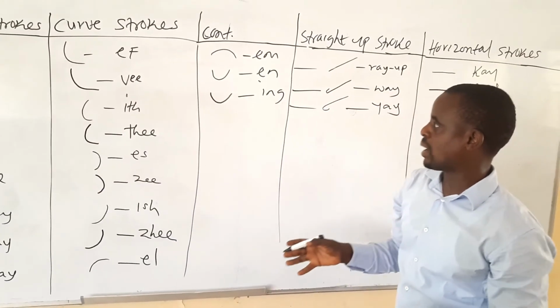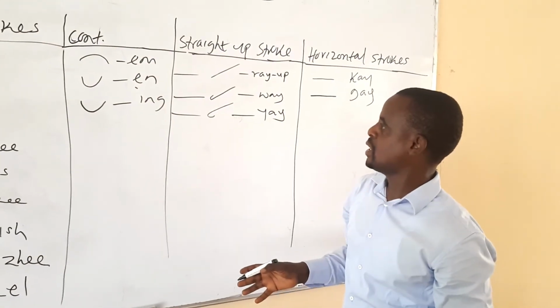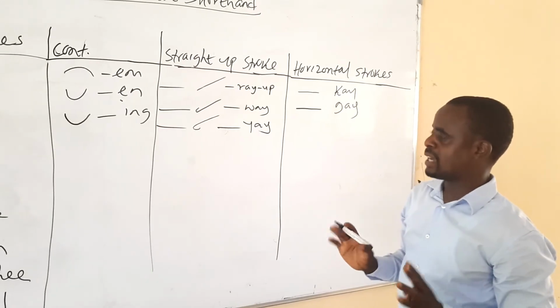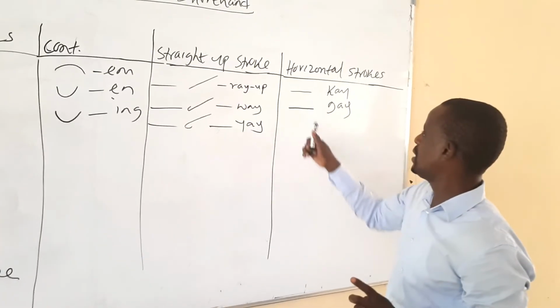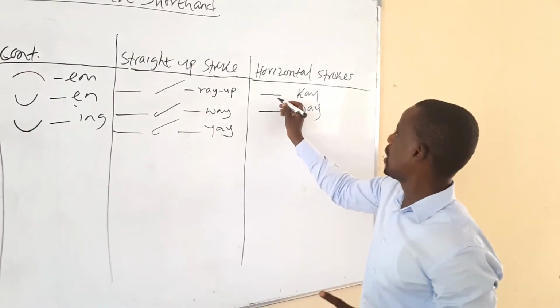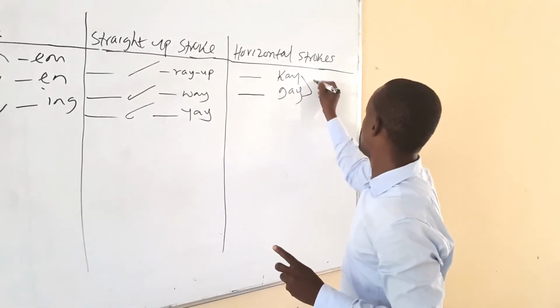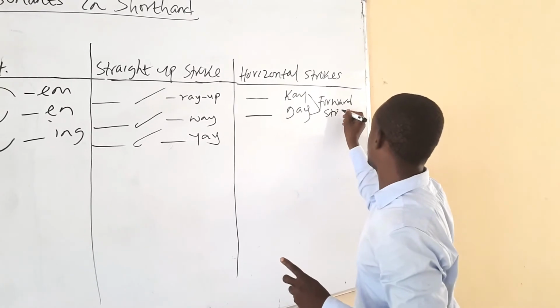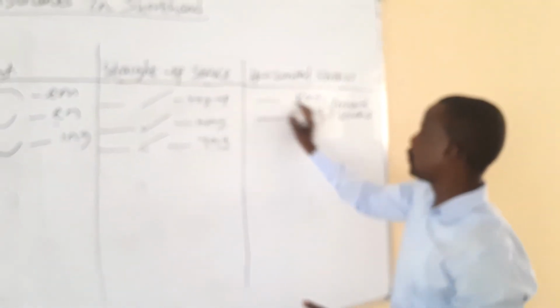That is why these are the differences. So this is a straight up stroke. Even though at times we can call these forward strokes because they are written forward.